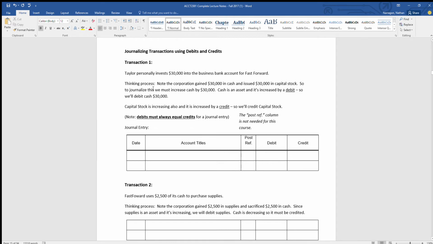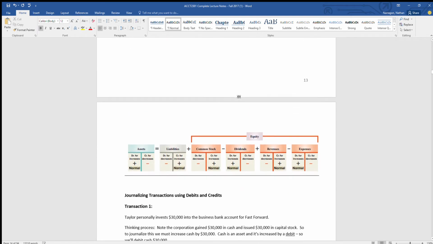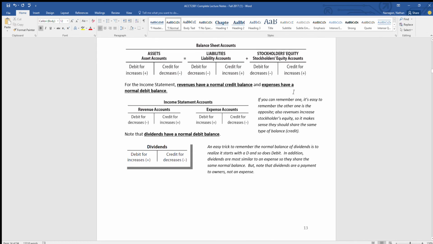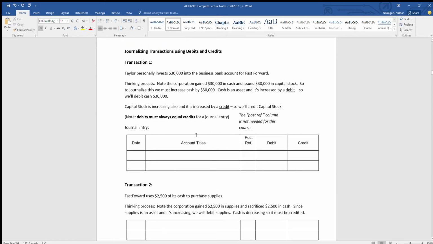You can look at the note, or go back up to the graphic. Notice that since cash is increasing, it becomes a debit. Since common stock is also going to increase, it increases by credit. So this is the big thing.